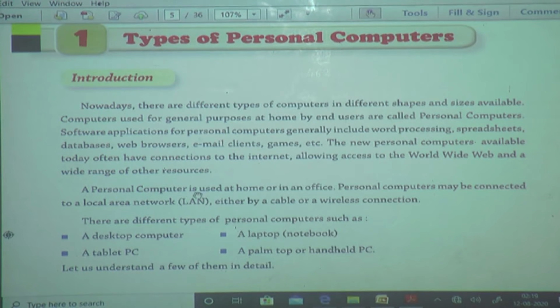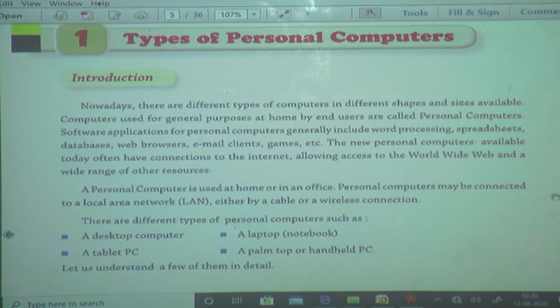A personal computer is used at home or in an office. Where are personal computers used? At home or in the office. Personal computers may be connected to a local area network. The short form of local area network is LAN.